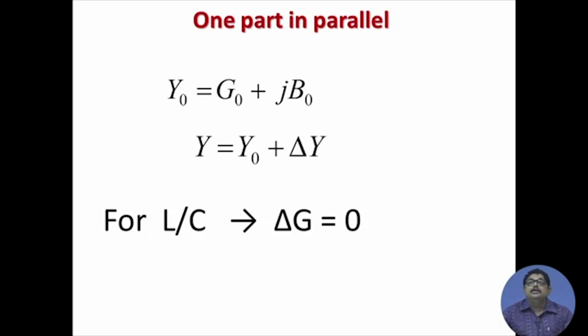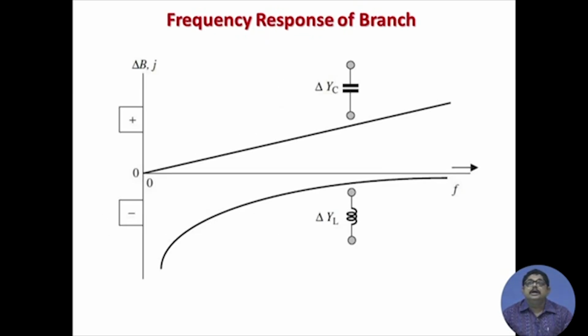Now, similarly, the branch may be in parallel. In that case, the new admittance will be the old admittance plus delta y, and for L and C the conductance change will be 0. This is their frequency response of the branches, which you also know.